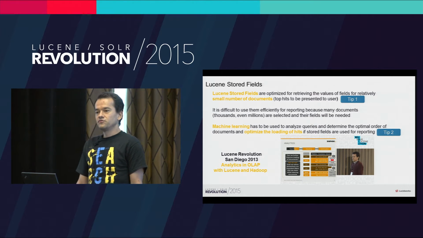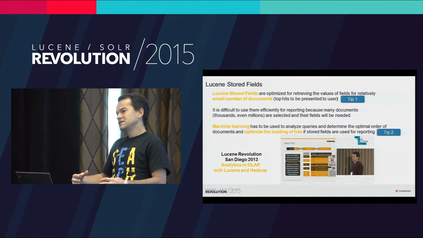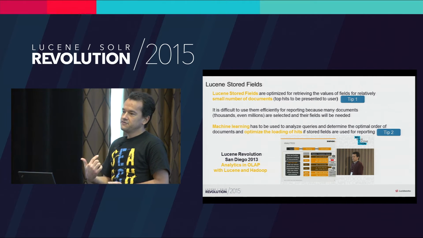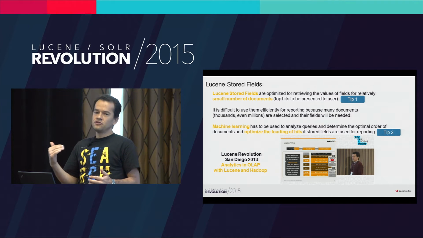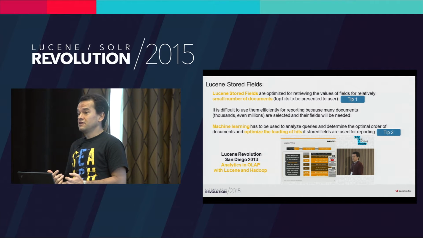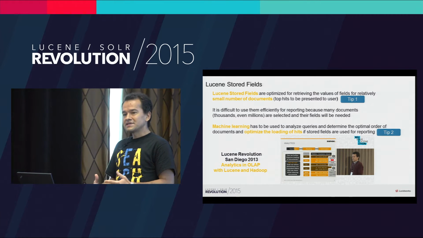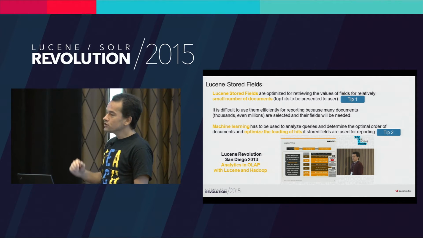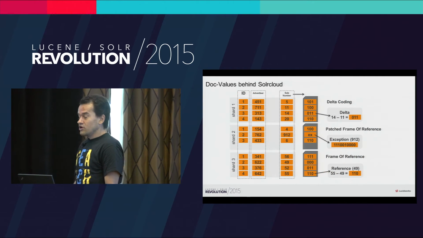We used a little bit of machine learning and frequent set mining to put the frequently accessed fields together in one bigger field, and additionally we analyzed the filters and the groupers, how they are used, in order to put the documents in the right order so that you have the locality that is necessary for maximizing the benefits of the file system cache. But my tip is, it's hard, and don't do that because you have doc values.